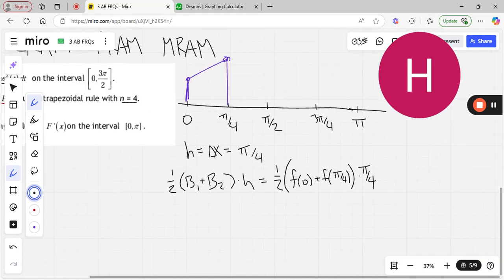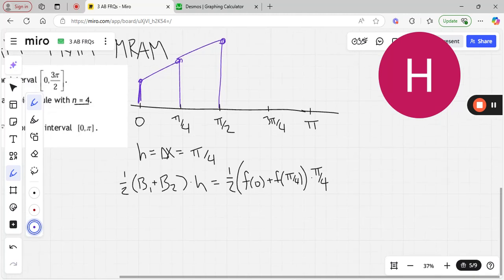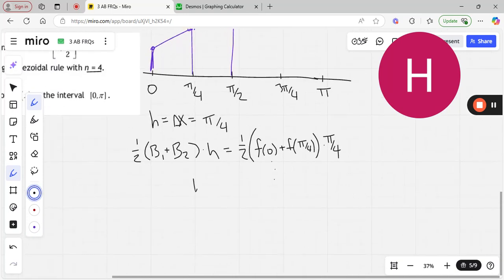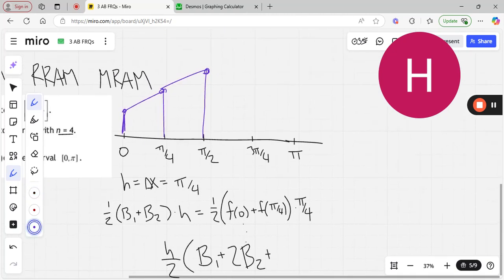Now all of the trapezoids are going to have pi over 4 in it. When we make our trapezoids and we add them all up, you'll remember that we're going to end up with h over 2 factored out of all of them: base 1, which is the height at the first point, plus 2 base 2, which is the height at the second point, and that's because it's using this side for more than one trapezoid.